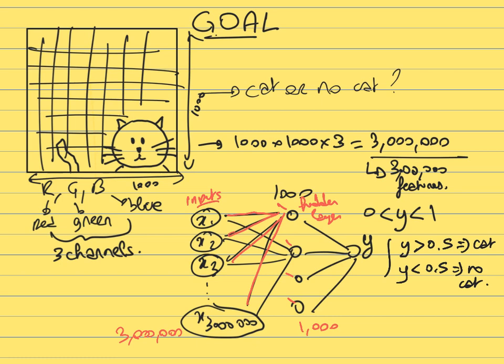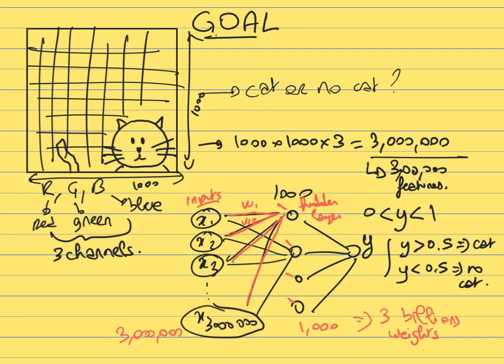So the total number of weights that you will need to fix for each of those connections will be the number of input neurons times the number of neurons in the hidden layer, which in this case would give you 3 billion weights that need to be parameterized.